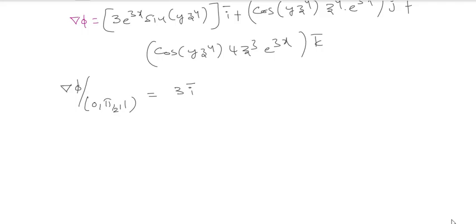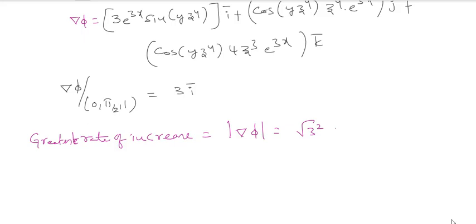They asked the greatest rate of increase, which is nothing but mod del phi, that is root of 3 square, which is 3. So this is the greatest rate of increase. Clear with my point? Yeah, you can check it out there.